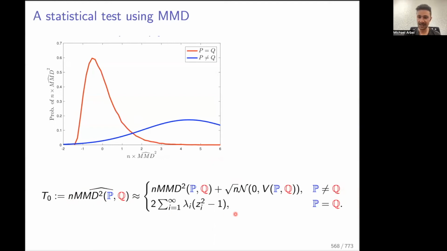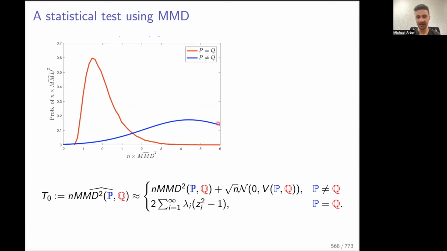So that when the null hypothesis holds, we converge to this sum of chi-squares. And when the alternative holds, we converge to some distribution that has a mean going to infinity because it is scaled by the number of samples, and also a variance that spreads linearly with the sample size.